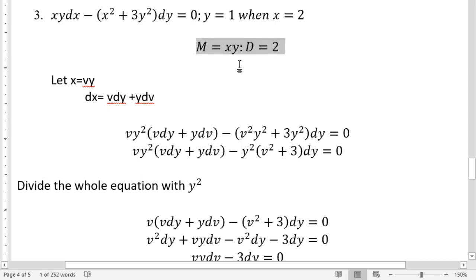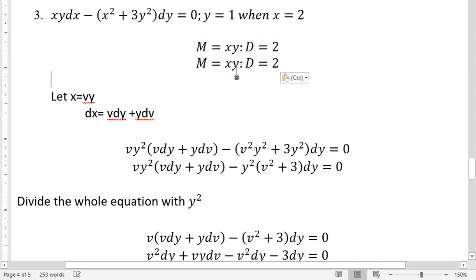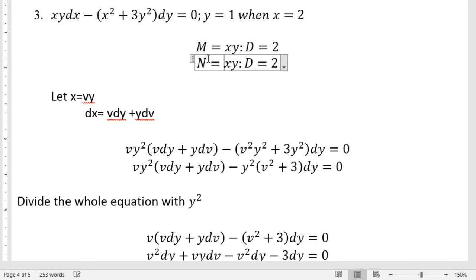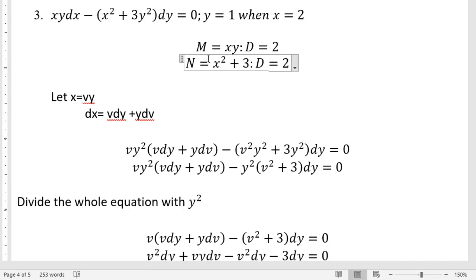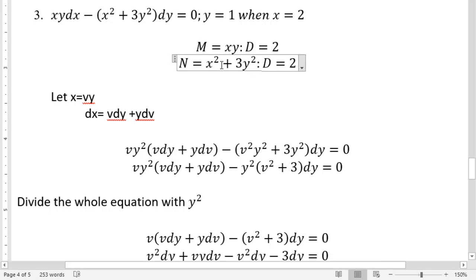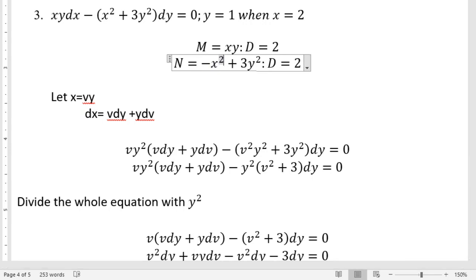How about yung N natin? For the N, ang N natin is equal to x squared plus 3y squared. The first term, huwag natin palang kalimutan, dapat pag-distribute, hindi natin pwedeng kalimutan si negative sign.